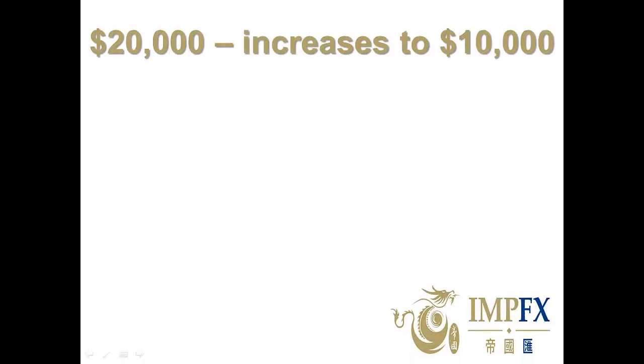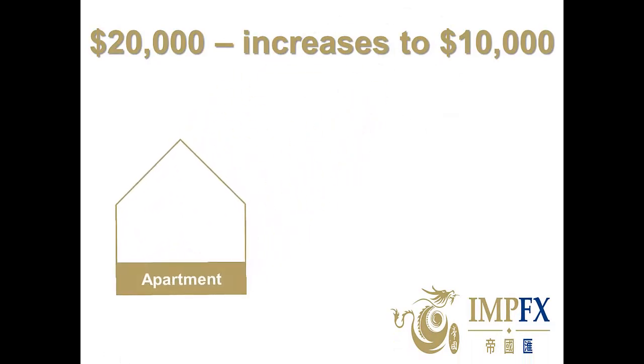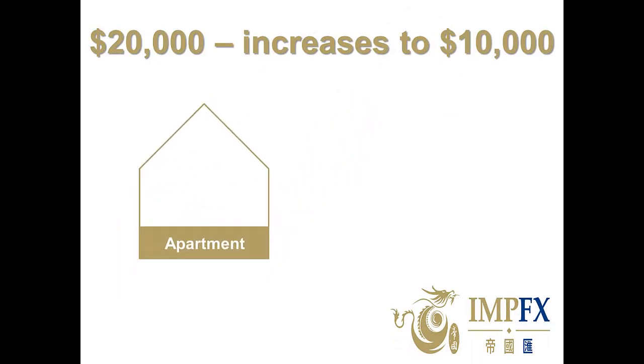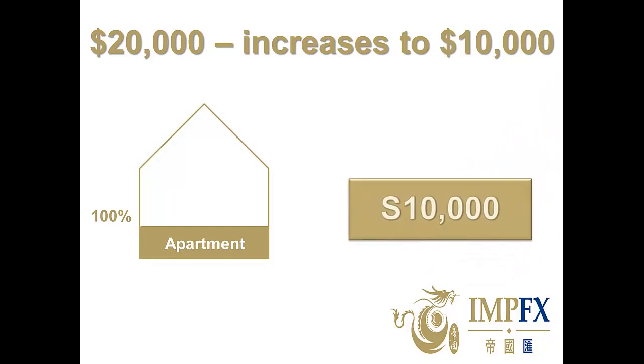If you had not taken out a bank loan and only used your $20,000 to buy a smaller property, which cost the amount you deposited, your total profit after selling would only have been $10,000. This is by using a leverage of 1-to-1.